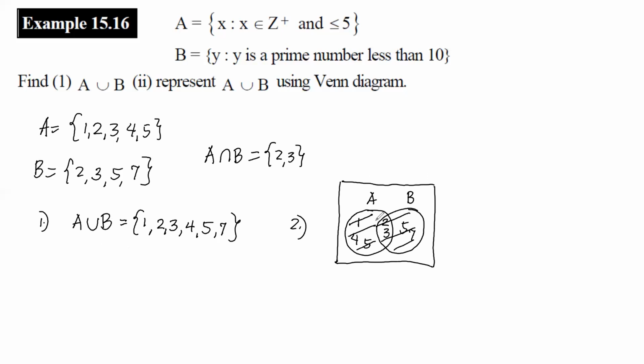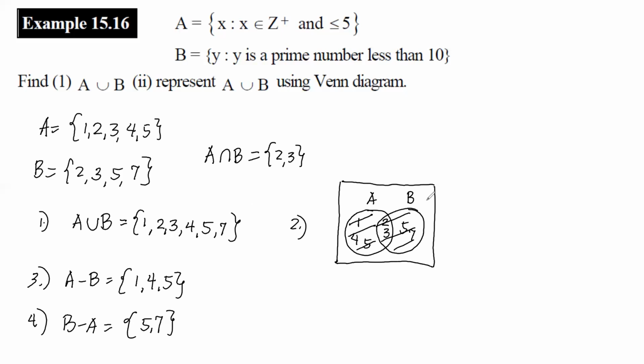Kapag kukunin natin A minus B, ano ang mga elements ni A na wala kay B? Tatanggalin mo ito. So, we have 1, 4, 5. Pag naman B minus A, ano naman ang elements ni B na wala kay A? So, tanggalin, 5, 7. Right?